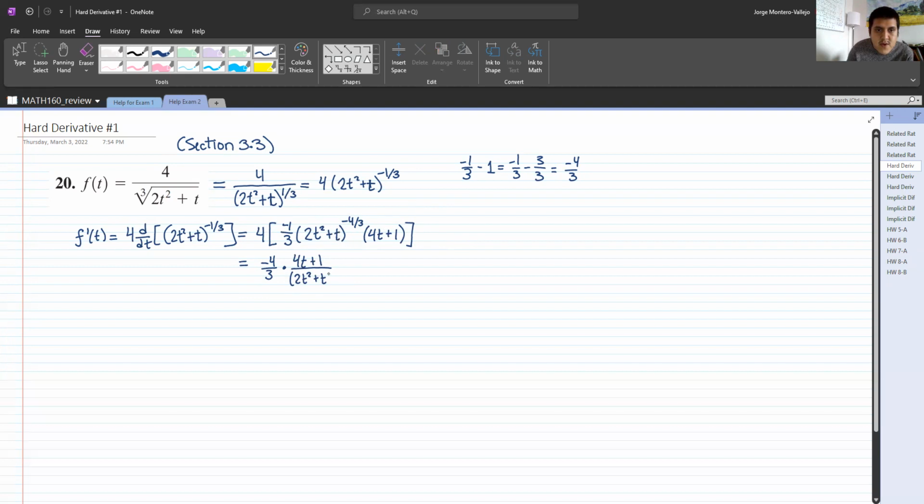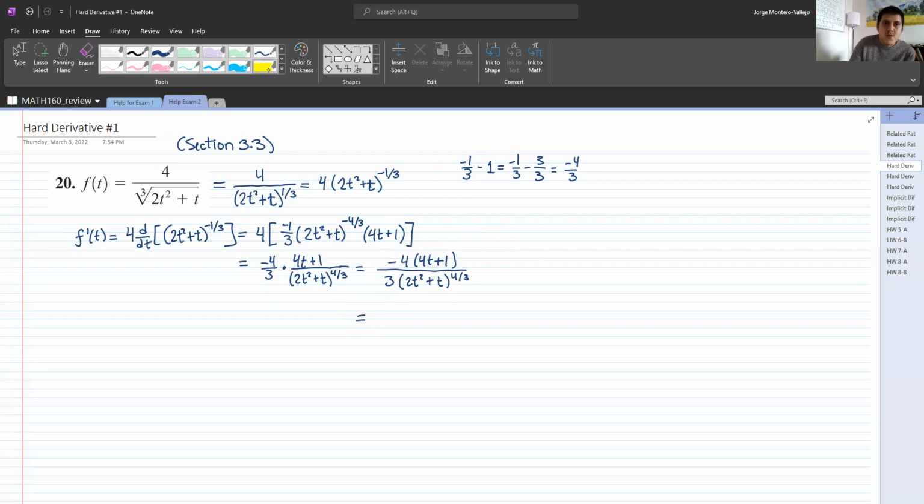Sorry, I forgot to correct this one here. And now the power is positive, 4/3. I could then put everything together. So negative 4 times 4t plus 1, divided by 3 and 2t squared plus t raised to 4/3. Now I'm going to do another move, just to remind you guys of the properties of fractional powers. It's going to do with this term over here.